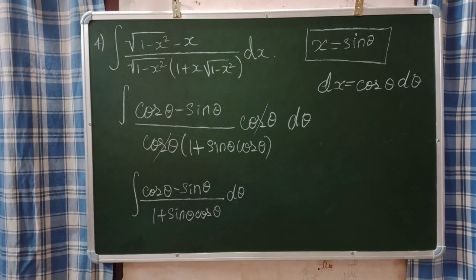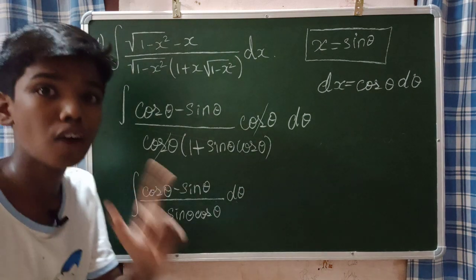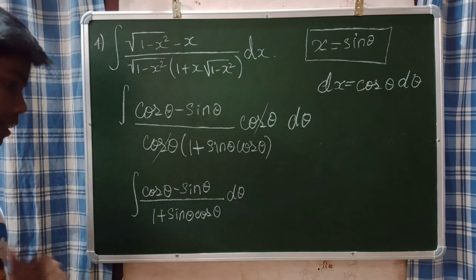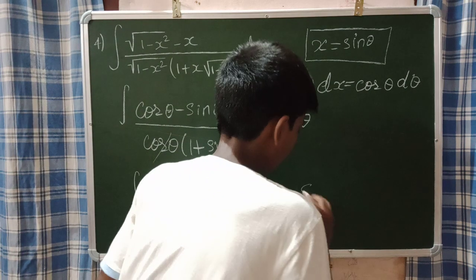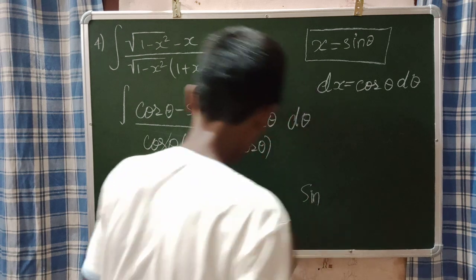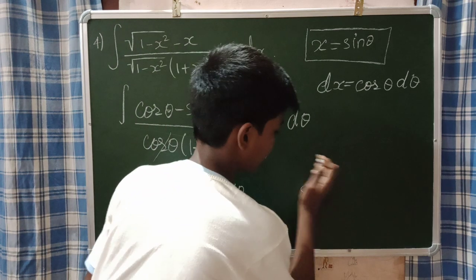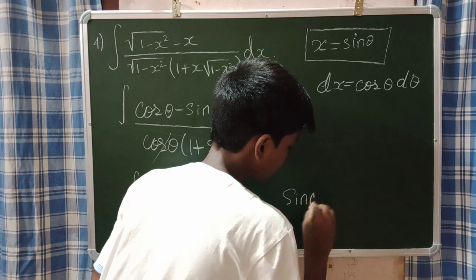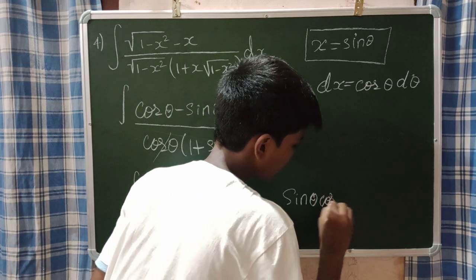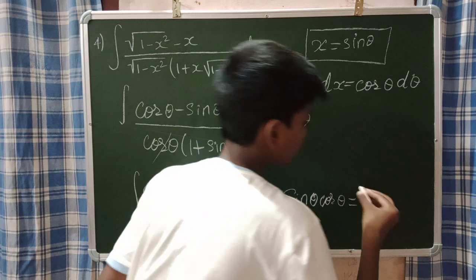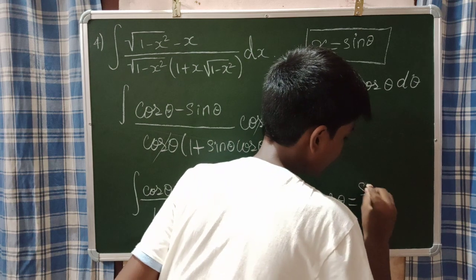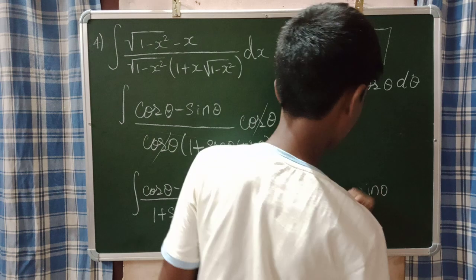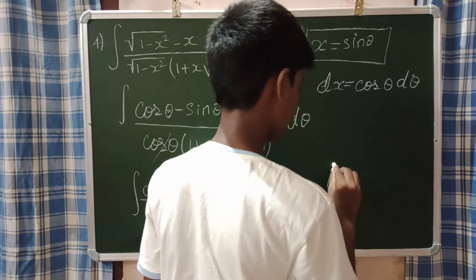Now guys, basically you need to use one formula here, quite an unexpected formula. I don't know whether you people know this formula or not, but I will write it here, okay? I will write it above.